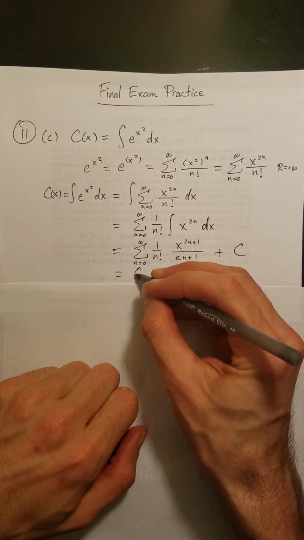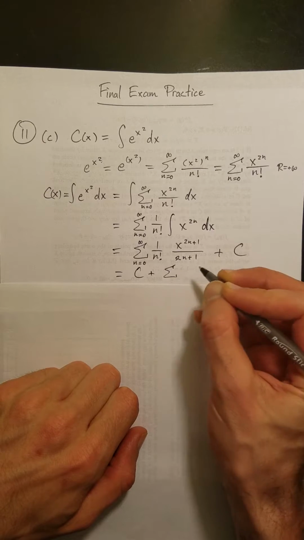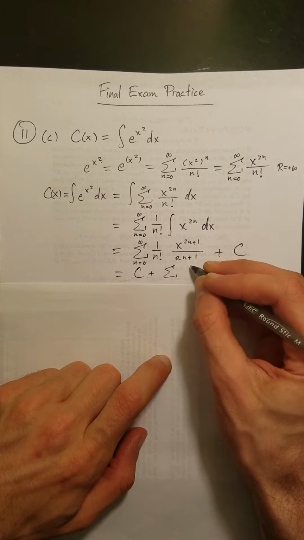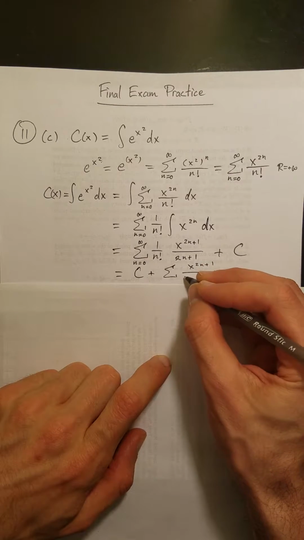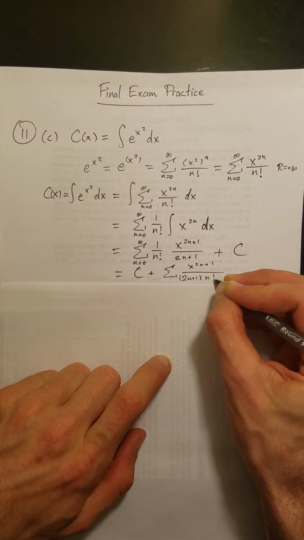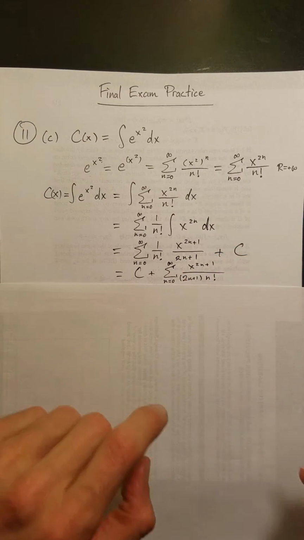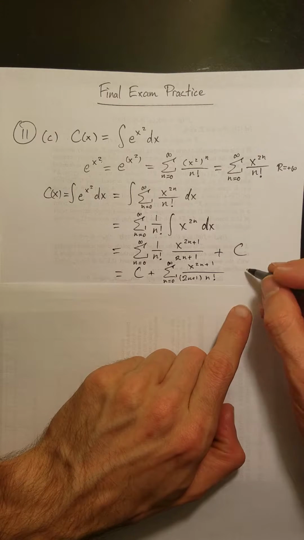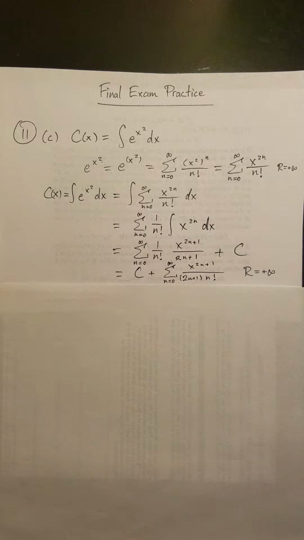You can rewrite it as just constant plus the sum of x to the power 2n plus 1 over 2n plus 1 times n factorial, going from 0 to infinity. And we know that the radius is still equal to positive infinity.